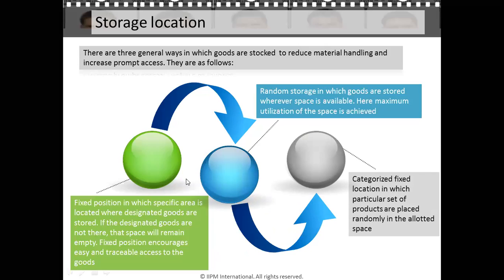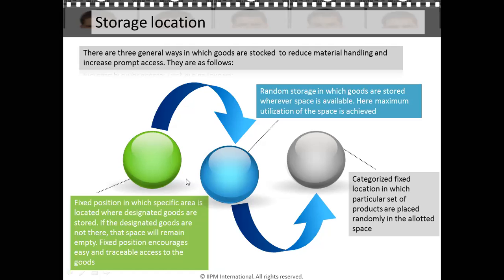They are as follows: one, fixed position, in which a specific area is located where designated goods are stored. If the designated goods are not there, that space will remain empty. Fixed position encourages easy and traceable access to the goods.